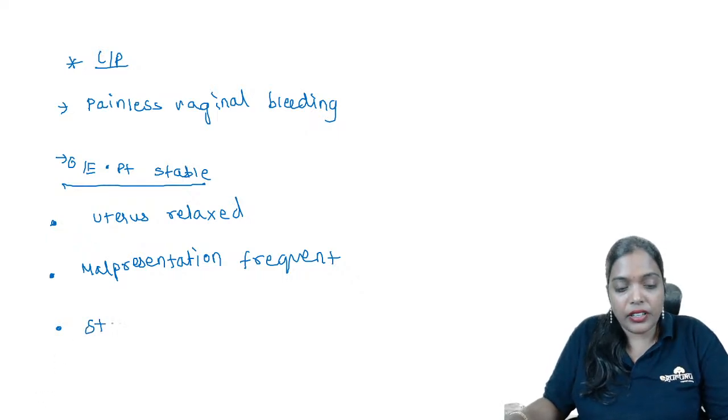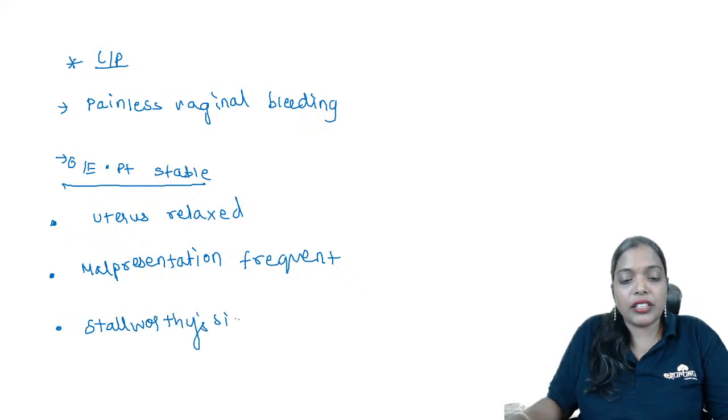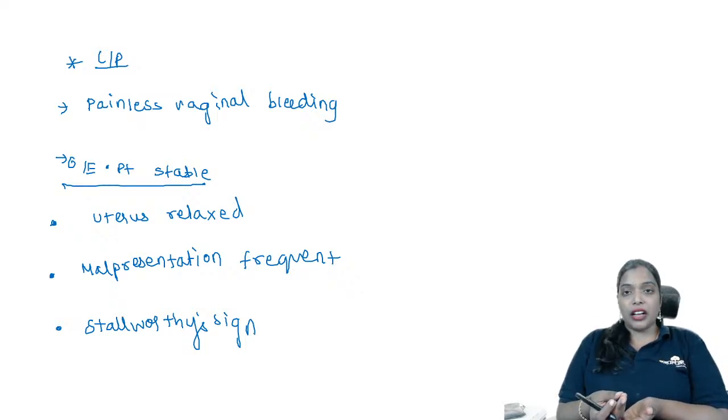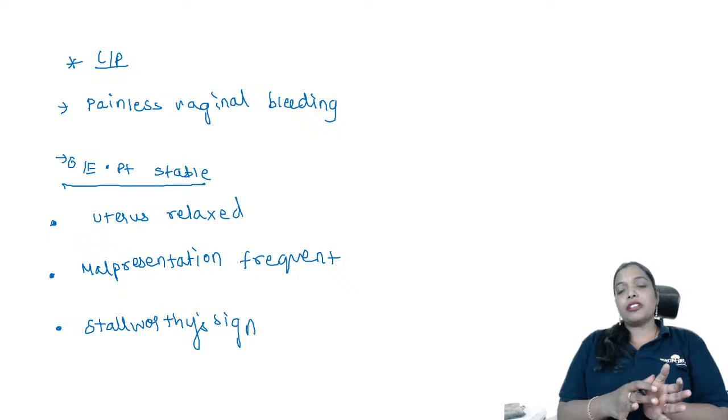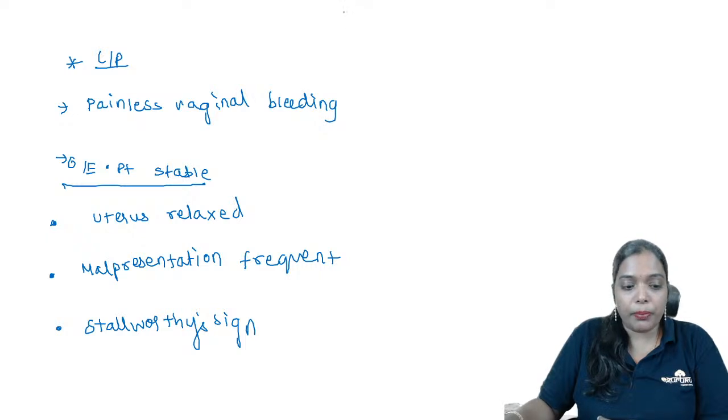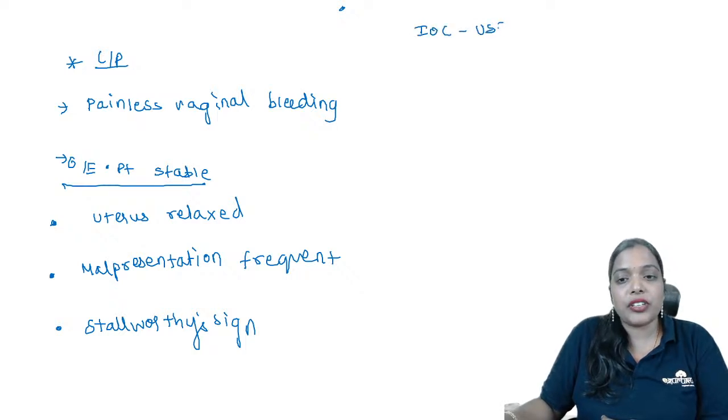That is Stallworthy sign. Stallworthy sign is when you push the presenting part into the pelvis, the presenting part compresses the placenta and decreases the fetal heart rate. So Stallworthy sign is a decrease in the fetal heart rate on pushing the presenting part into the pelvis. So you should not do PV or per speculum examination here. Investigation of choice is again USG.